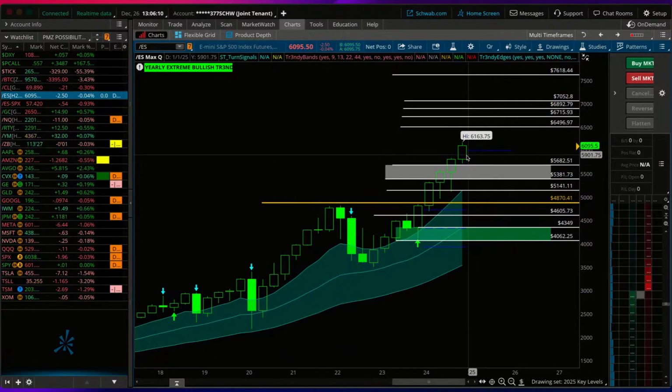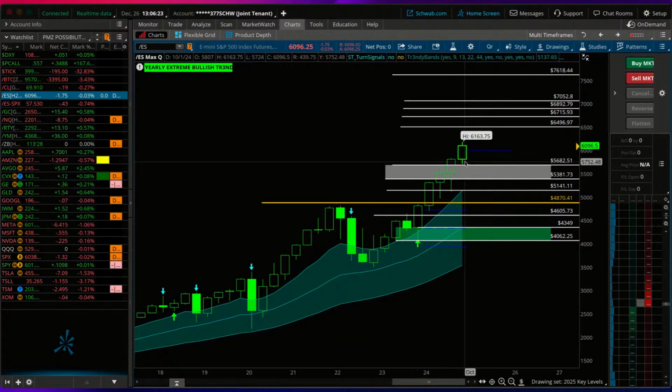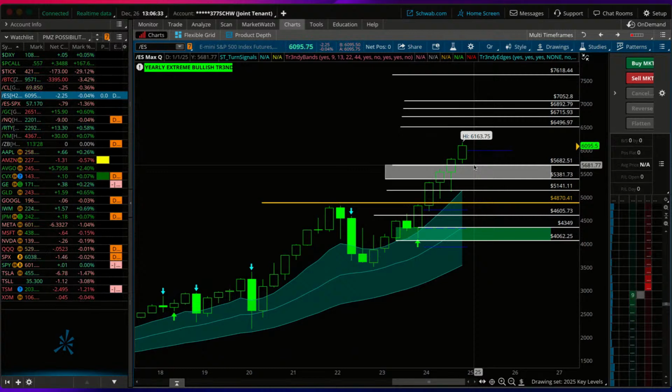And that might be the dip and the only significant dip that we get in 2025. So 56.82 by 53.81 are my key levels for a buy the dip opportunity in ES futures here going into 2025.